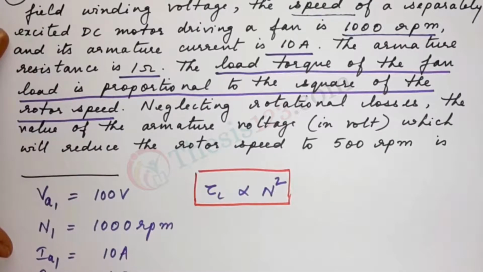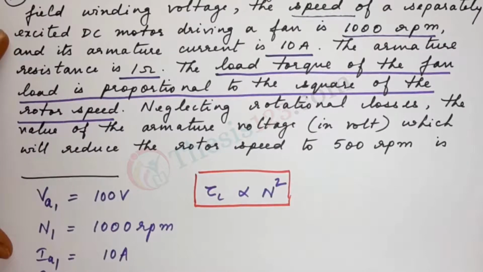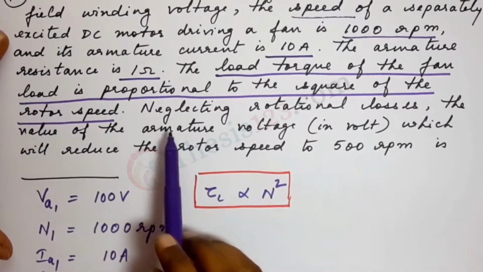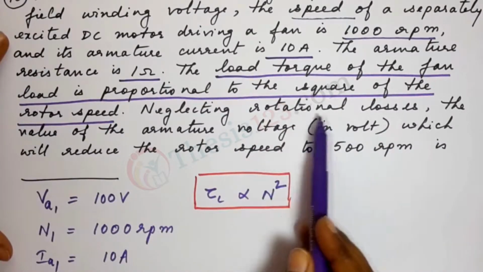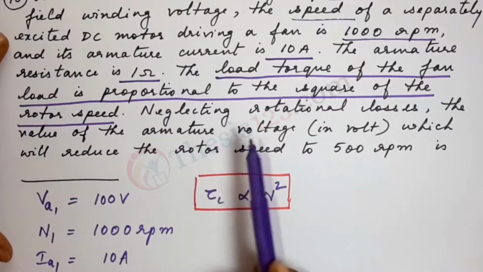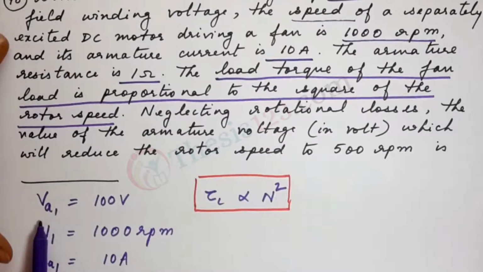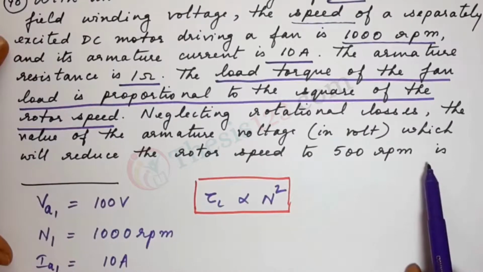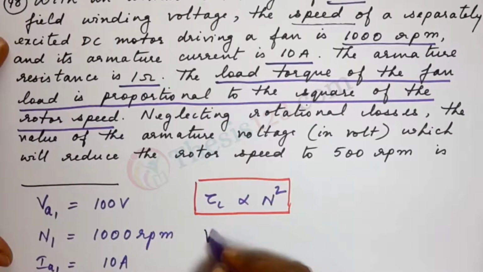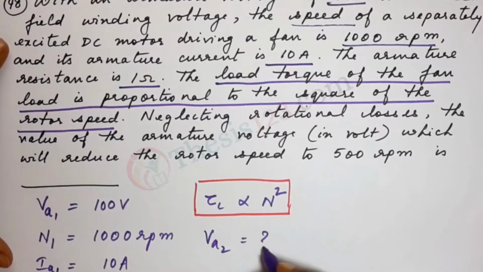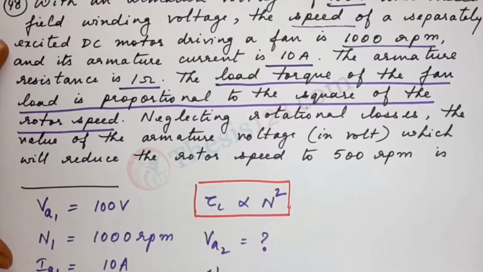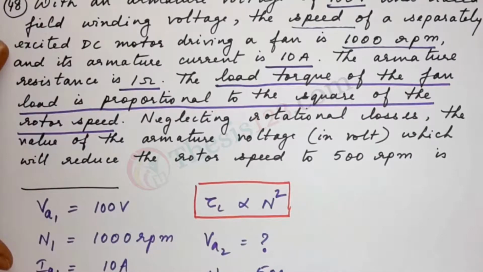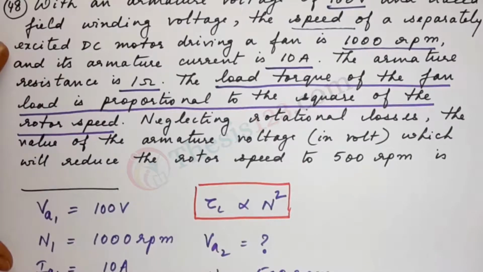Next, neglecting rotational losses, the value of the armature voltage, which will reduce the rotor speed to 500 rpm, is dash. So VA2 is what we will need to find when N2 becomes 500 rpm.